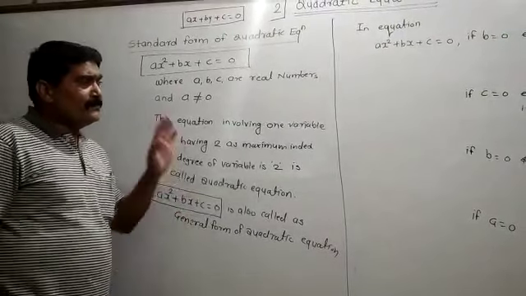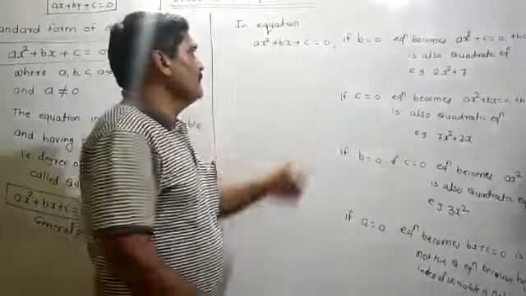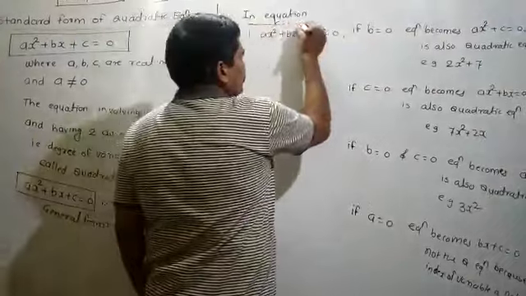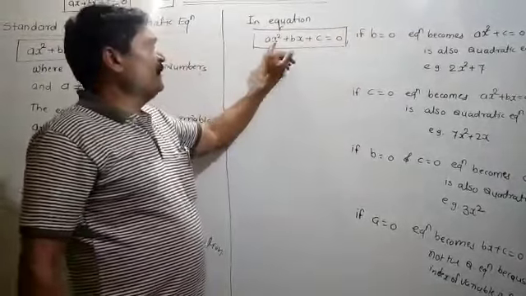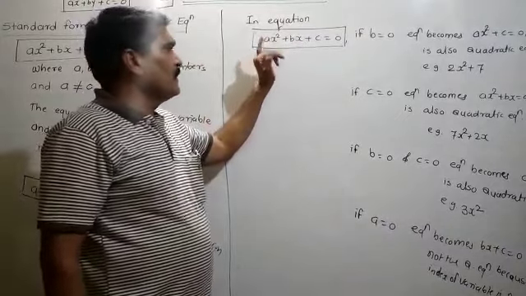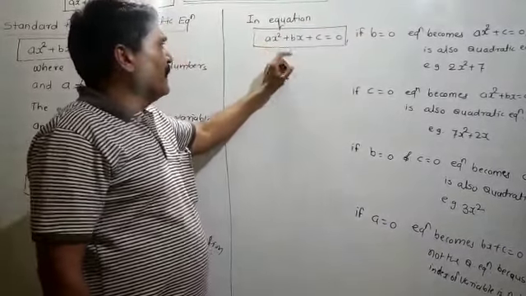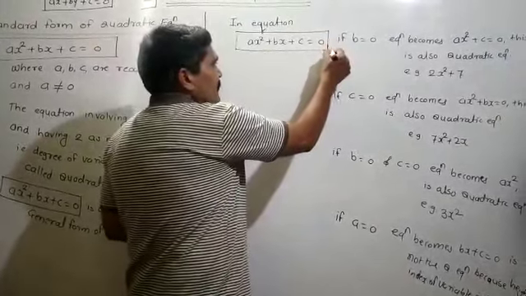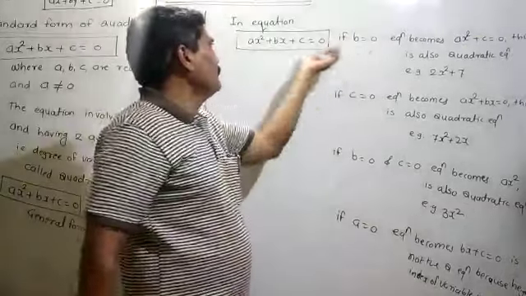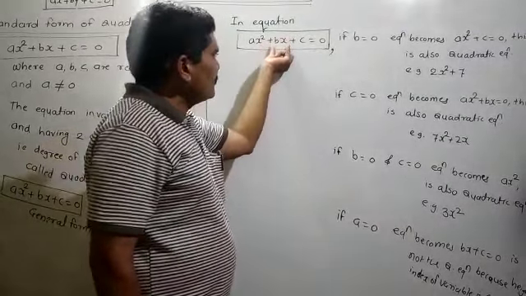Then friends, you have to see some conditions. The equation ax square plus bx plus c is equal to 0 is a quadratic equation in one variable. Here the highest index of the variable is 2, so the degree of this expression is 2. So this is the quadratic equation. But what if b is equal to 0? If b is equal to 0, this term becomes 0.